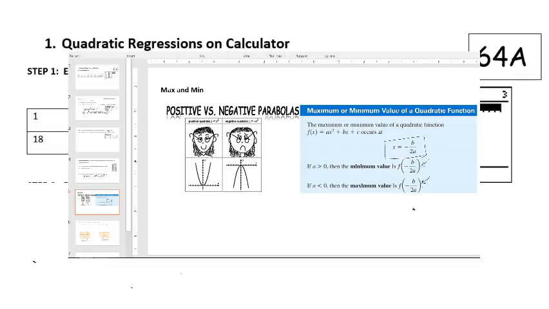Our y value will be found by substituting the x value into the original equation. Once we find the x and y value together, that is our vertex, where the minimum and maximum values occur.